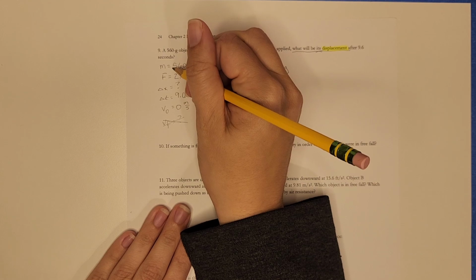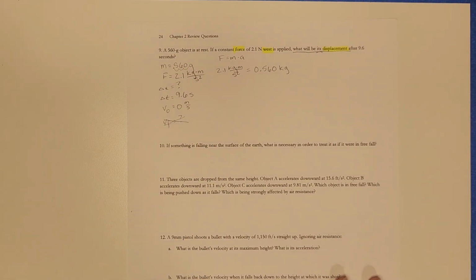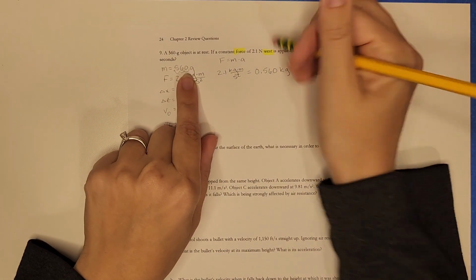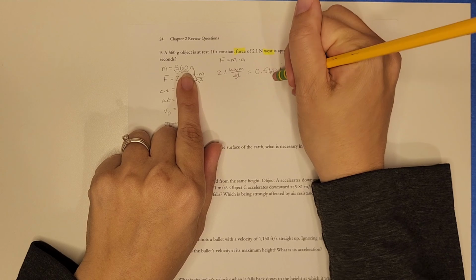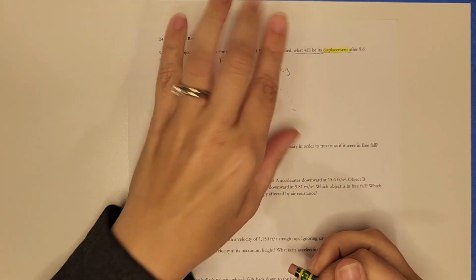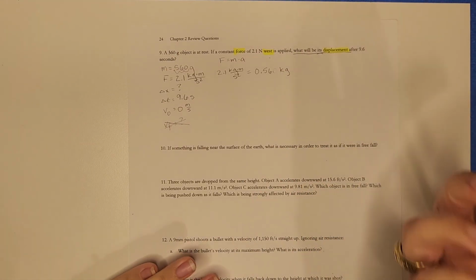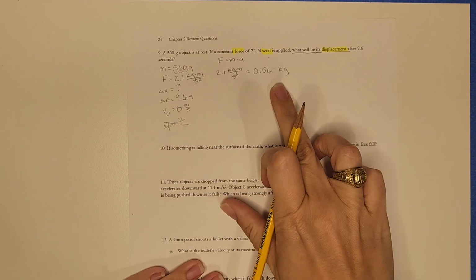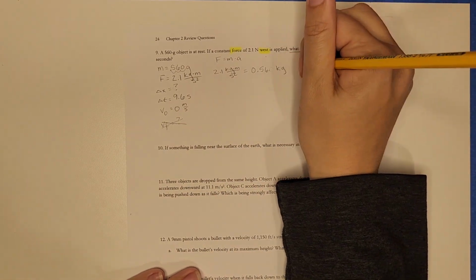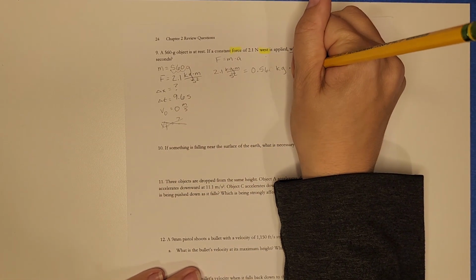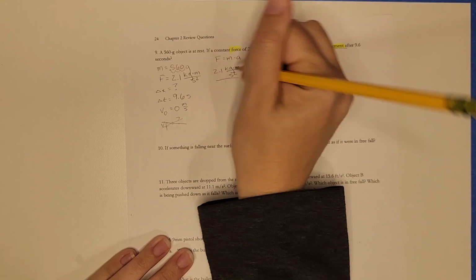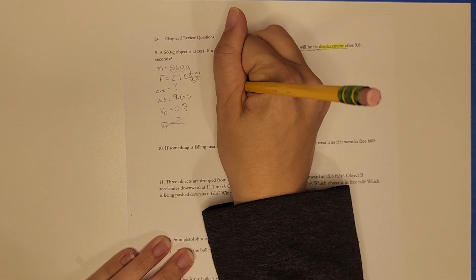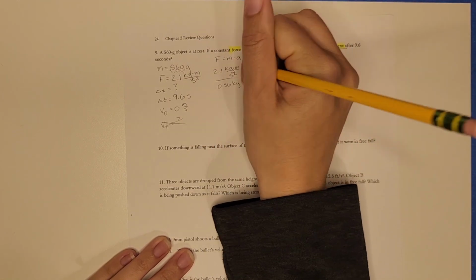Okay, 1, 2, 3. And actually I should just be writing 0.56 because this 0 is not significant. And I told you that as I was writing it down, right? Okay, 0.56 kilograms times acceleration. So divide both sides by 0.56 kilograms.